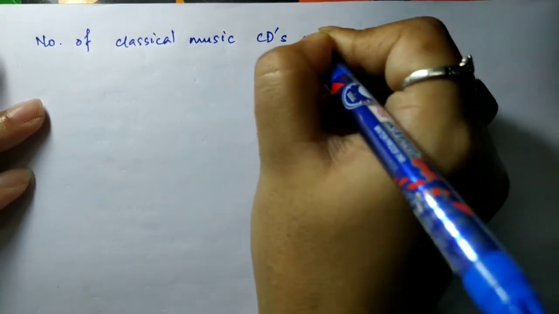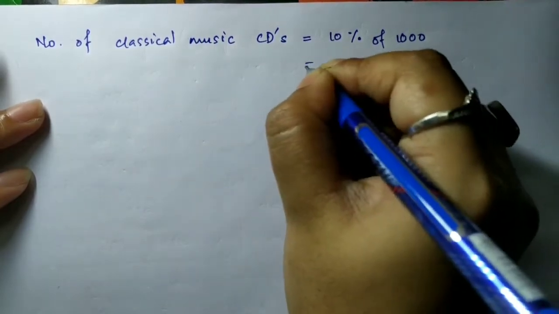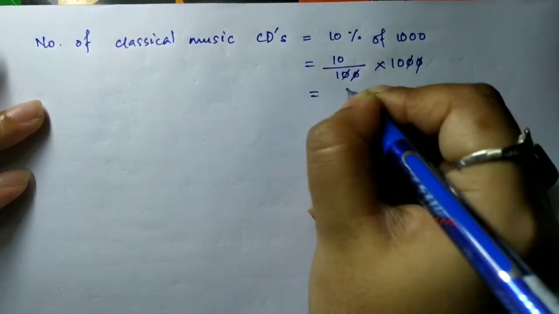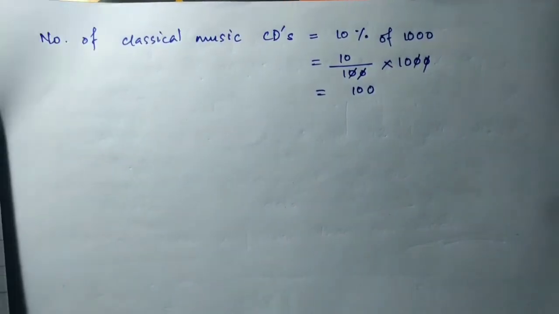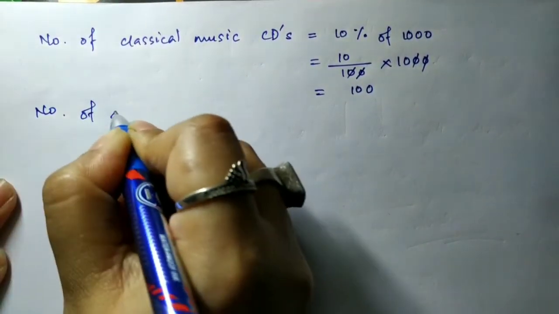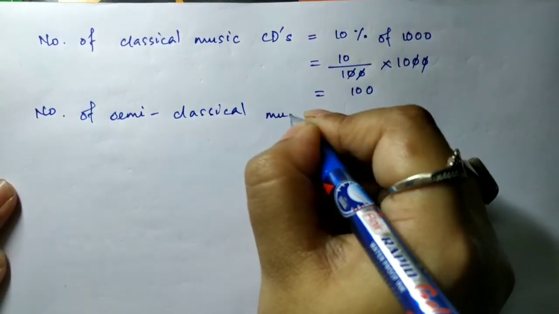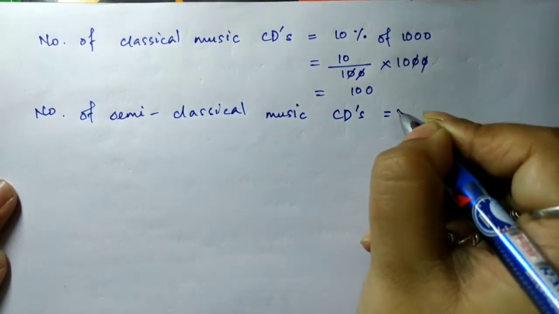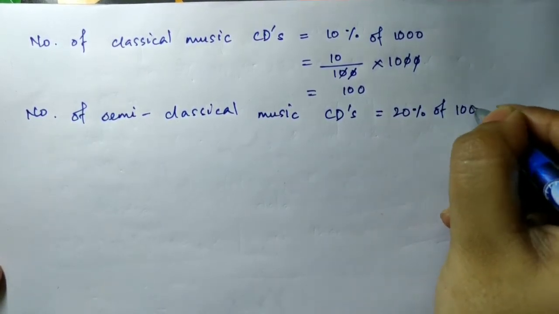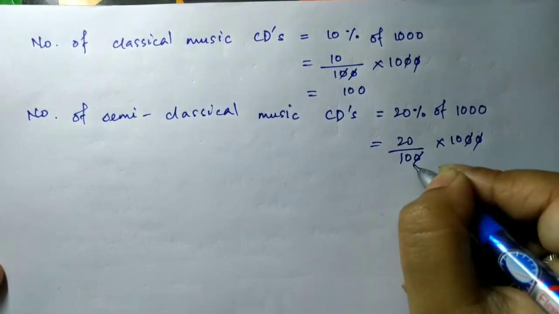Classical music was 10%, so 10% of 1000, 10 by 100 into 1000. Let's cancel it. It will become 100. And the last one is semi-classical. Number of semi-classical music CDs. The semi-classical section was 20%, right? So 20% of 1000, 20 by 100 into 1000, is equal to 200.